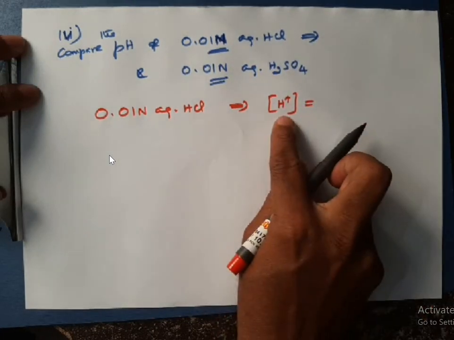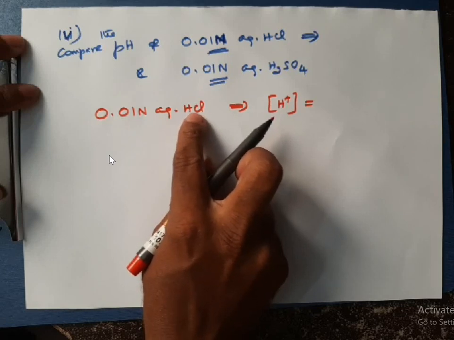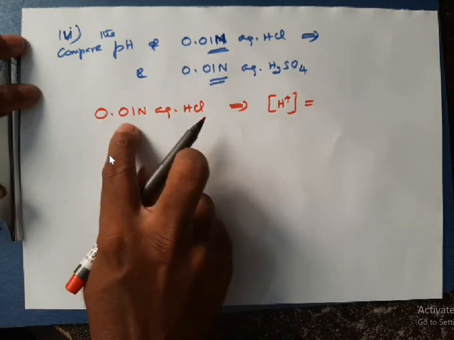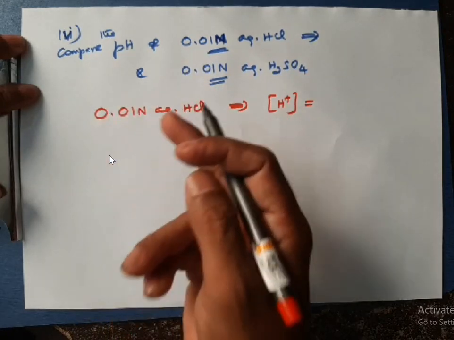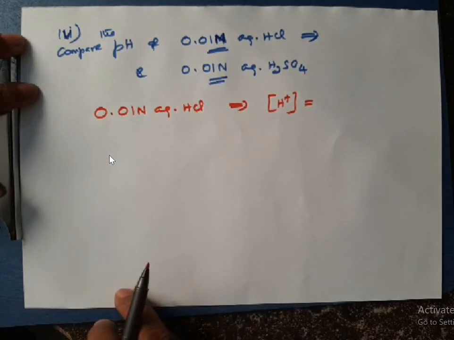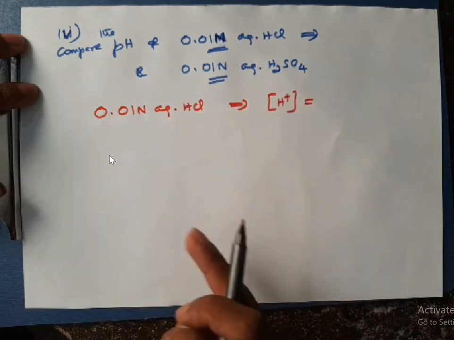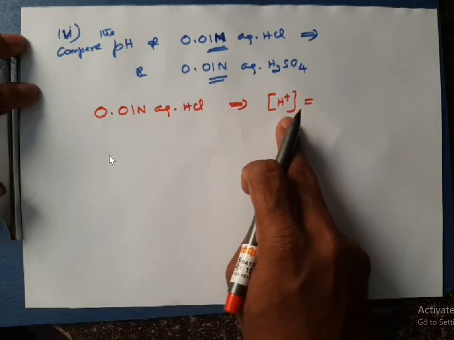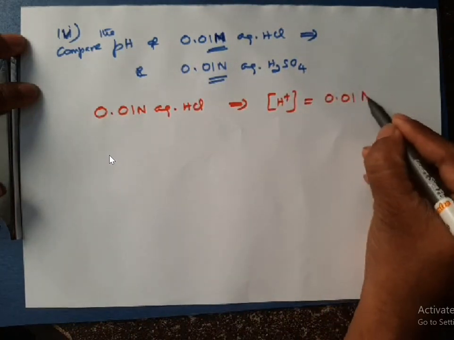For HCl, the N factor is 1. Therefore, normality and molarity are one and the same. So 0.01 N HCl is nothing but 0.01 M HCl. Each molecule of HCl will provide 1 H plus ion. Therefore, the concentration of H plus ion is nothing but the concentration of the acid, 0.01 molarity.